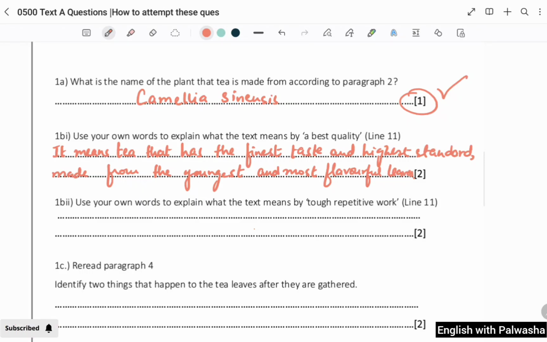So here we put a full stop and now we have secured our 2 marks as well. So here you got 3 marks, right?